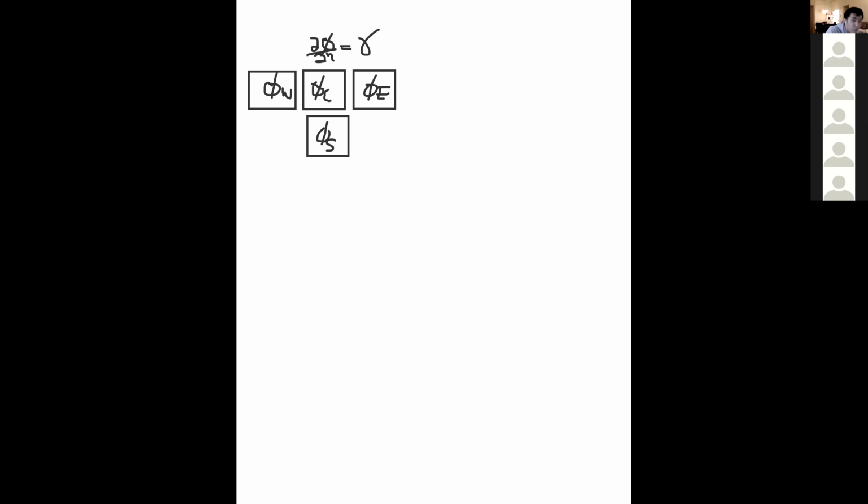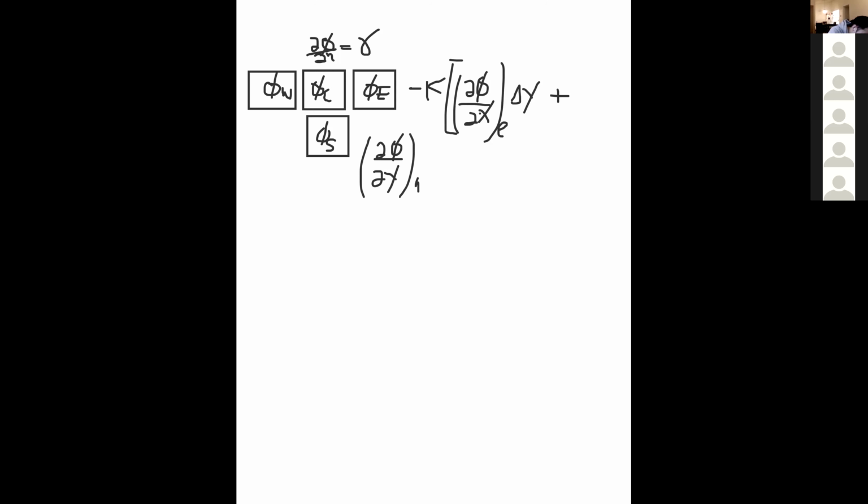So just like before, we're going to start with the form which has all the derivatives at each of the faces. So we have minus k times d phi dx on the east face, delta y, plus d phi dy on the north face, delta x, minus d phi dx on the west face, delta y, minus d phi dy on the south face, delta x.